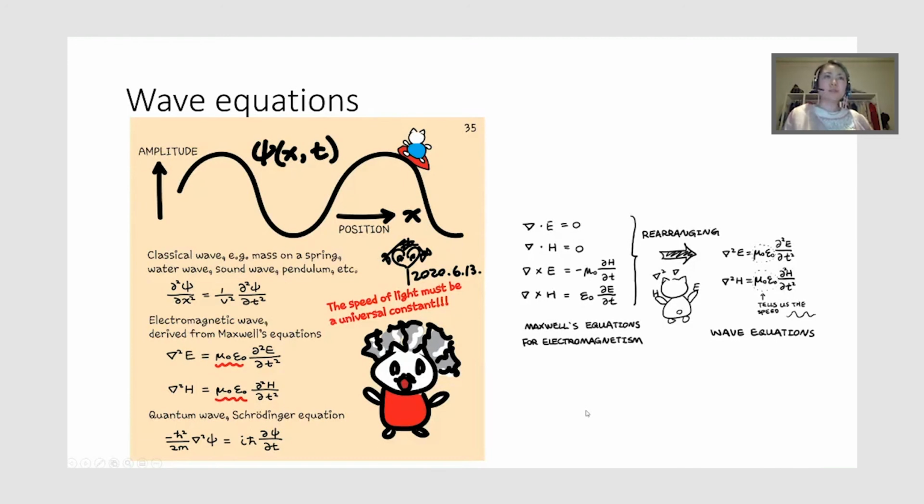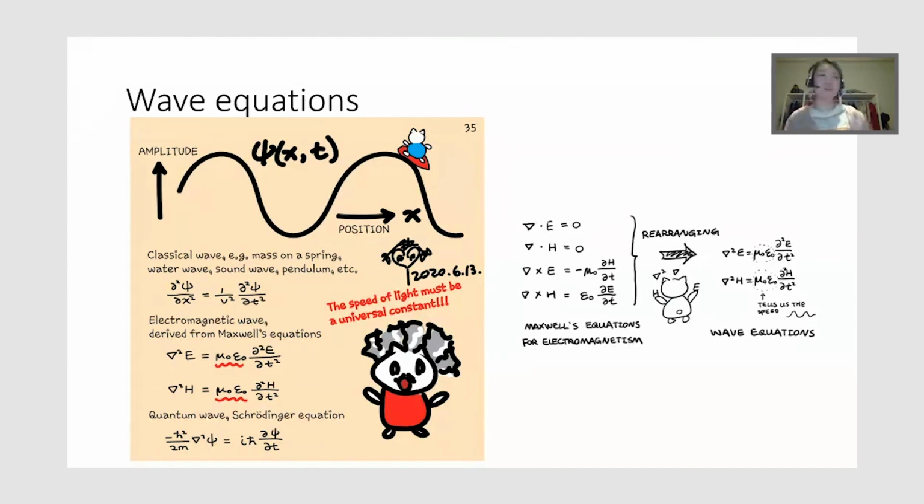That let him figure out the speed of light must be a universal constant, which then also led him to develop relativity. So this is what's really beautiful to look at, history and how physics was developed, and how just by looking at dimensions and units and equations, you can realize a lot of insights about nature.